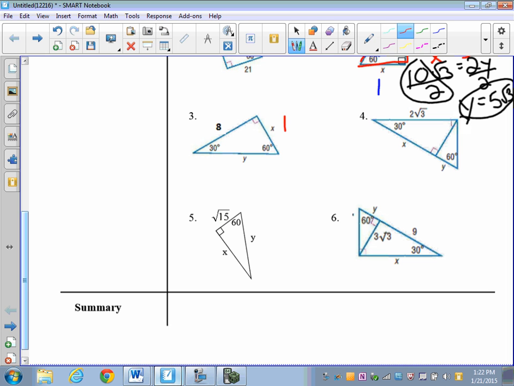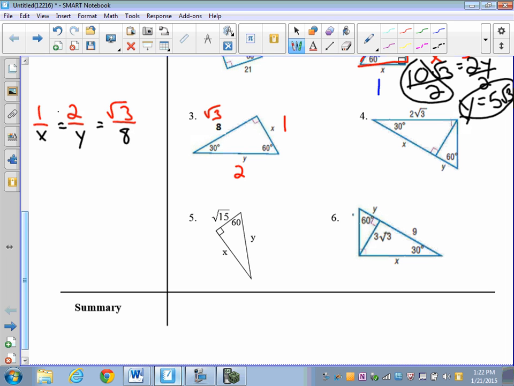So again, short leg, long leg, hypotenuse. So we have 1, 2, square root of 3. In our actual numbers, 8 goes underneath the square root of 3, y goes underneath 2, and x goes underneath 1.